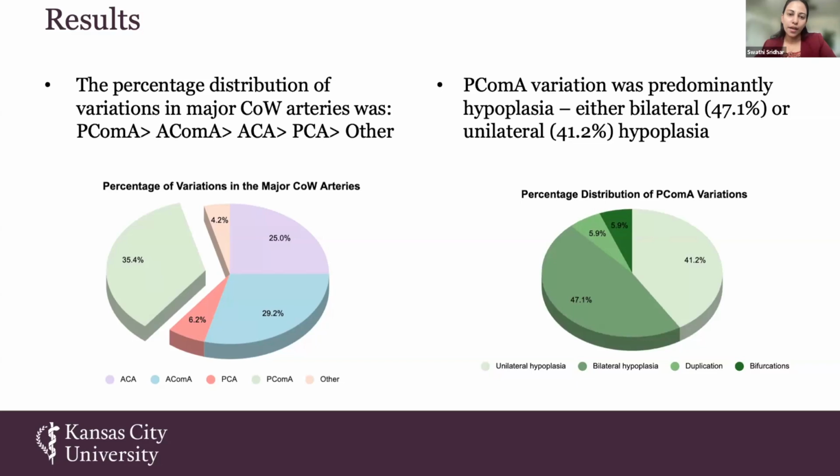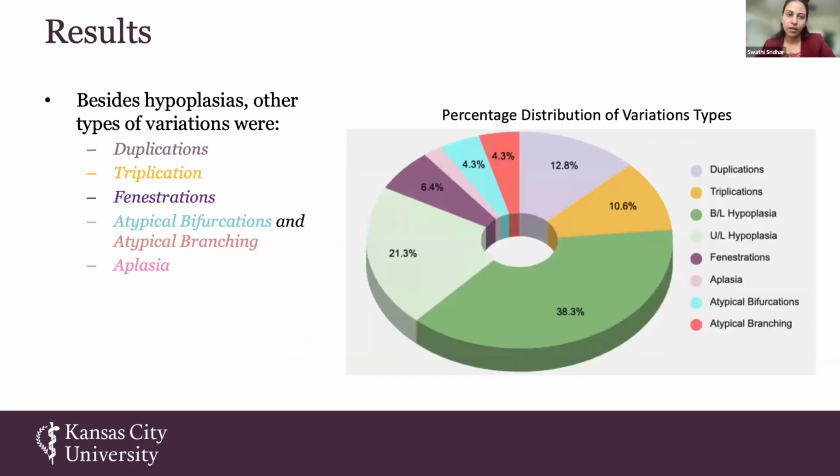And it was either bilateral, comprising about 47.1%, or unilateral, comprising about 41.2%. And besides hypoplasias, the other types of variations we observed were duplications, triplications, fenestrations, atypical bifurcation, branching pattern, and aplasia, which are all shown here. And this is provided in the order of their prevalence.